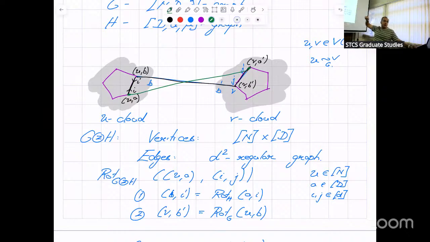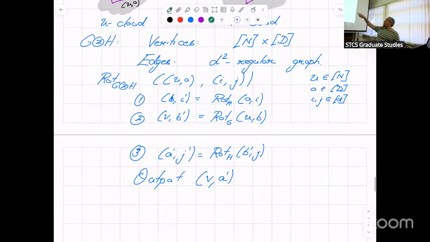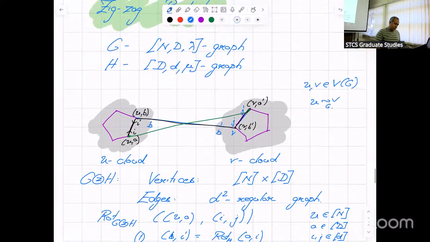The green edges are the edges in the graph. And so V A prime is the neighbor of U A, and you went by the steps I comma j. To retrace it, you'll have to output the steps j prime comma I prime. Is that okay? So if you take j prime, you'll come to this. Then you go this way, you come back here. That's the thing. It's a zigzag step.